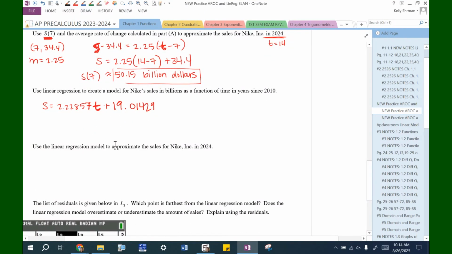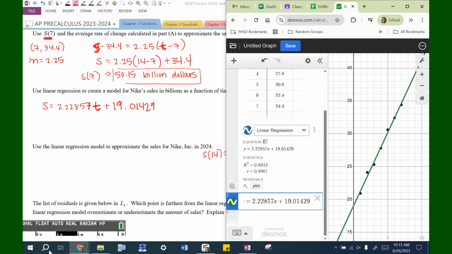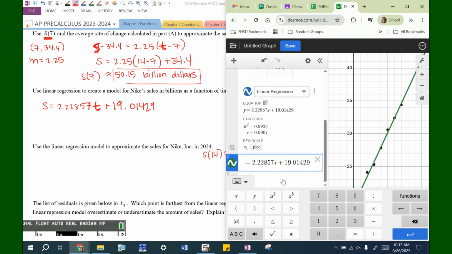Use the linear regression model to approximate the sales for Nike in 2024. So 2010 is 0. So this again is S of 14 is what they're asking me to find. So if you haven't already done this, copy this equation down onto the next line by clicking here. And then you can just swap out the x for the number you want.